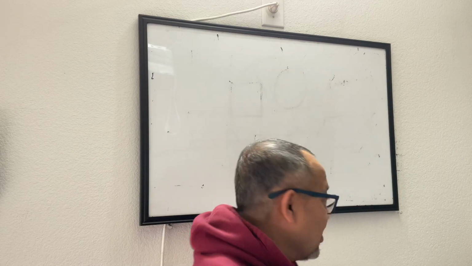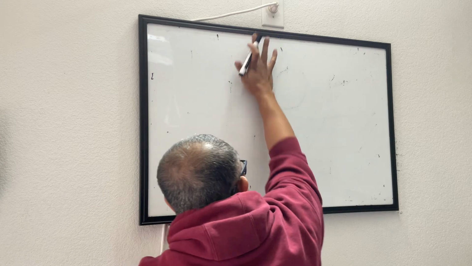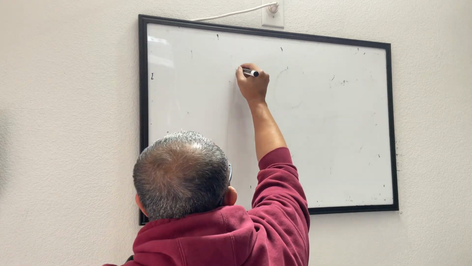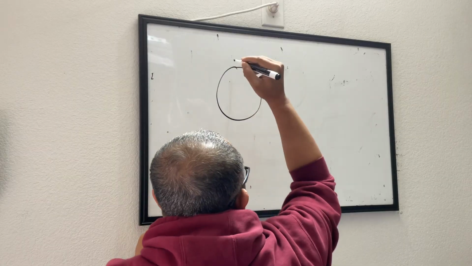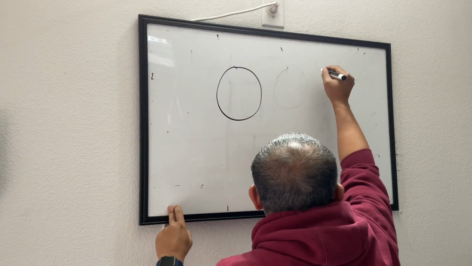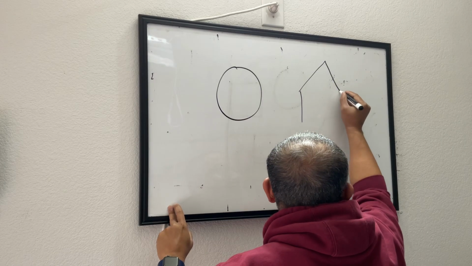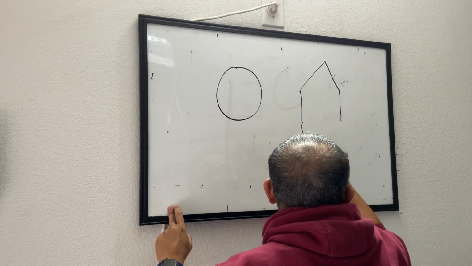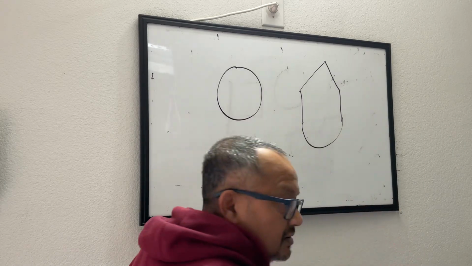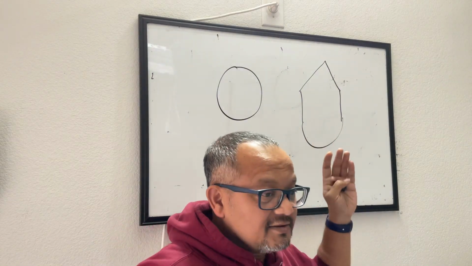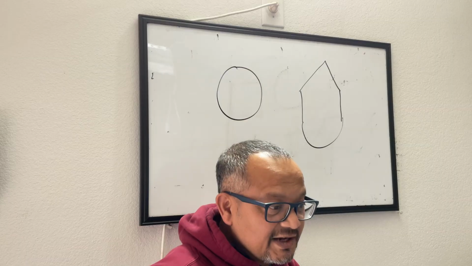Alright. So now we are talking about circle and composite shapes. If I say circle, and if I say, I don't know what this shape is called, this is out of my creativity that came on the board.